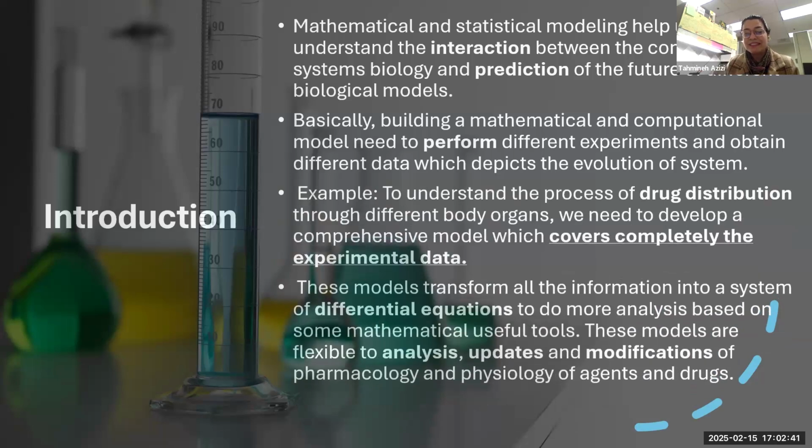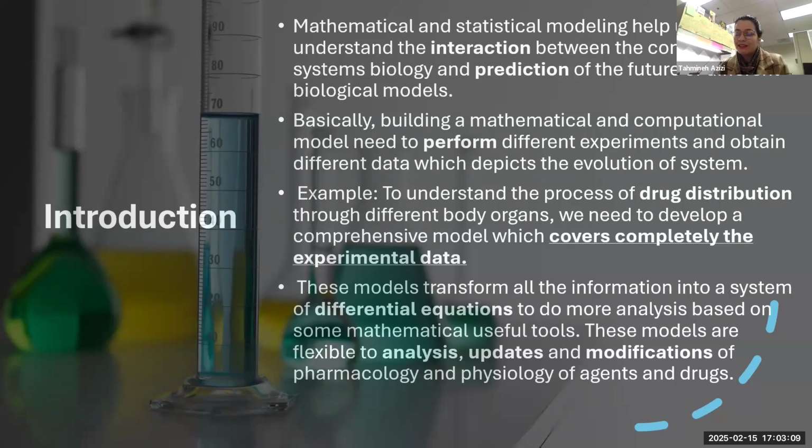For example, for the purpose of this presentation, to understand drug distribution in different body organs and how it interacts with different tissues around the entire body, we need a comprehensive modeling approach that captures all of those complicated phenomena happening inside the body.